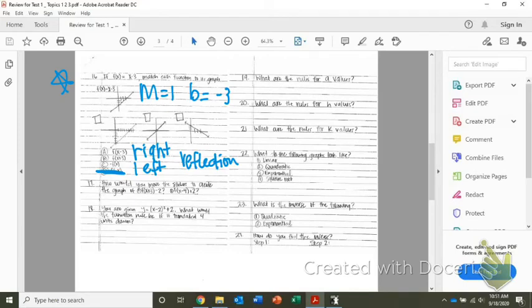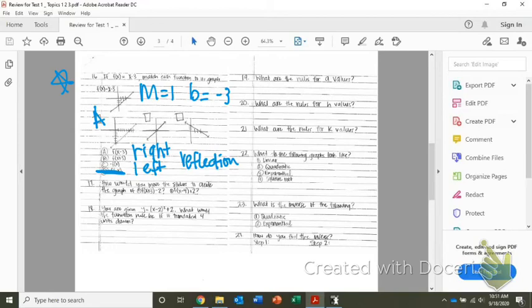So now you look at your graphs and your original graph that I gave you. Which graph is moving more to the right? The first, second, or third? The first.